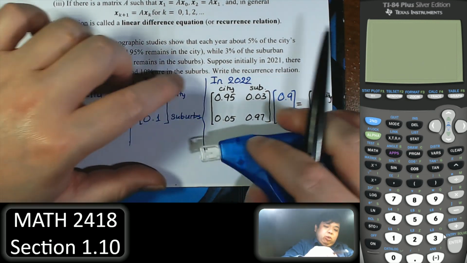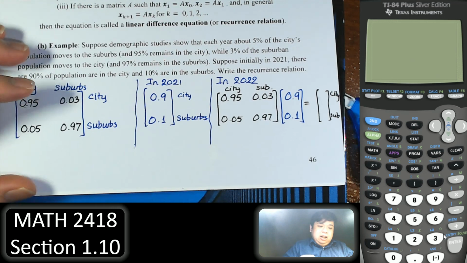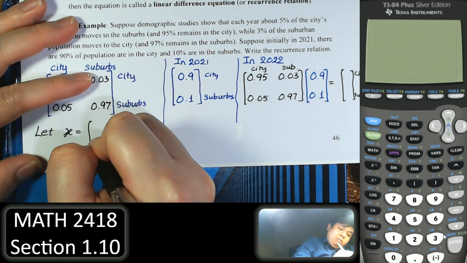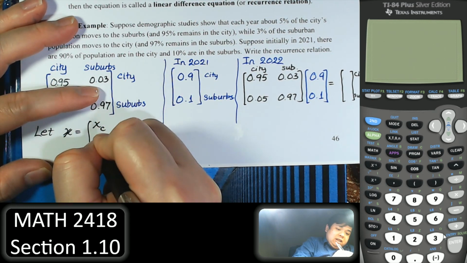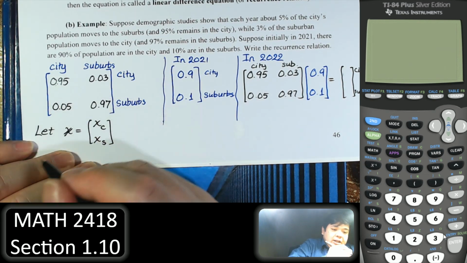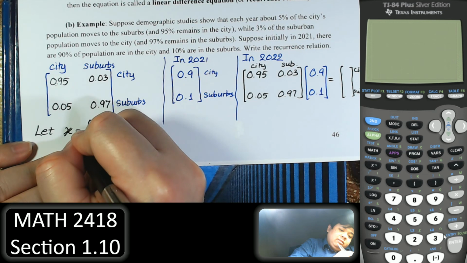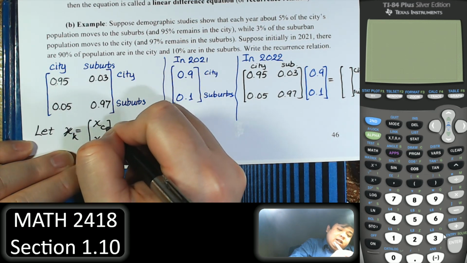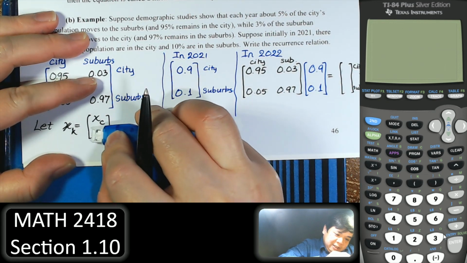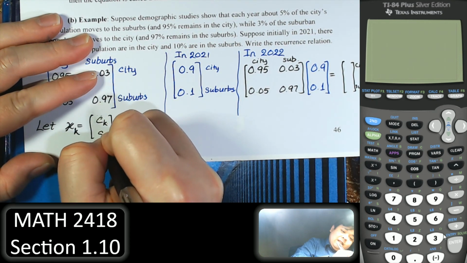So in general, the relation is that let x be the percentage of the population at the city and the suburbs, and that will be at time k. So this is c_k, s_k.